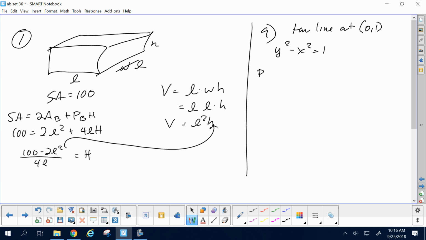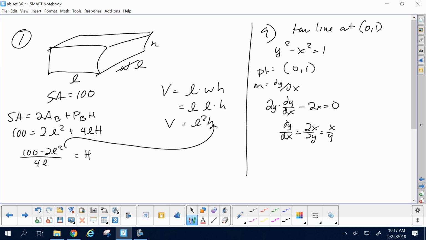So the tangent line, they give you the point already. So we're cool there. The slope, we need the derivative. That's going to require implicit differentiation because y is unsolvable, right? So if I take the derivative on that, it's the derivative of the outside times the derivative of the inside. Derivative of x squared is 2x, and the derivative of the constant is 0. That would mean that dy/dx is 2x over 2y, or x over y.